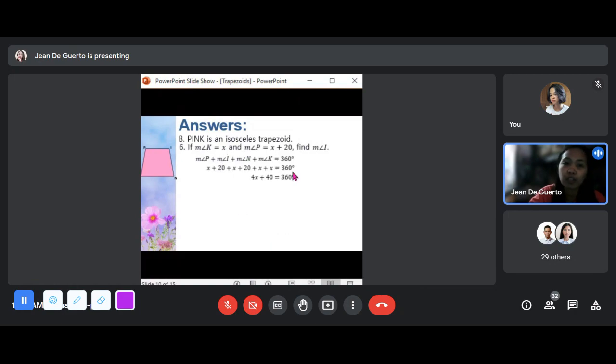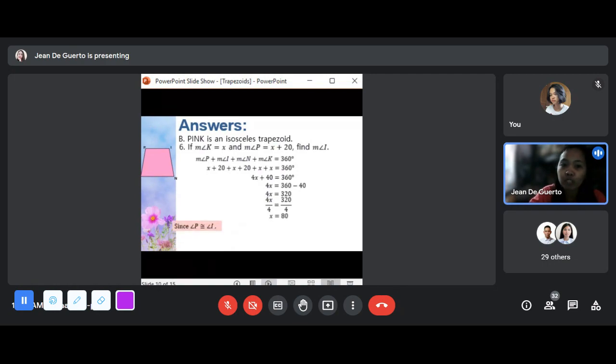Okay, so therefore, combine similar terms. The value of x would be 80. Okay, so if x is 80, therefore the measure of angle I is 80 plus 20, 100 degrees. Okay, 100 kasi pareho lang yung angle P saka angle I. They are the pair of base angles.